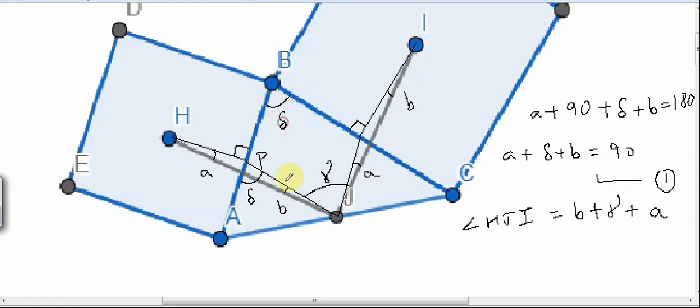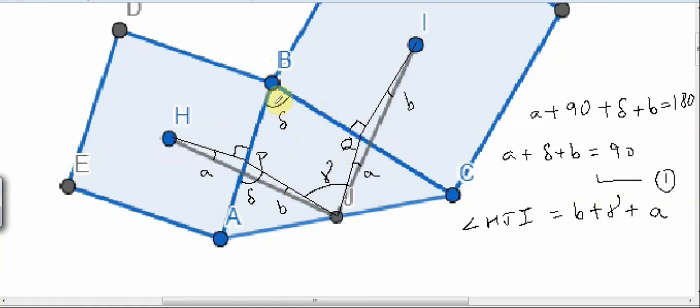This is also delta, because the quadrilateral BPJQ, I'm sorry, is a parallelogram.